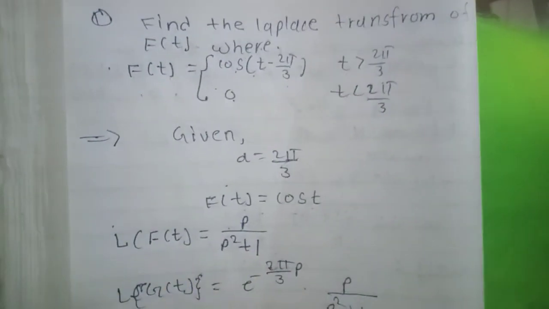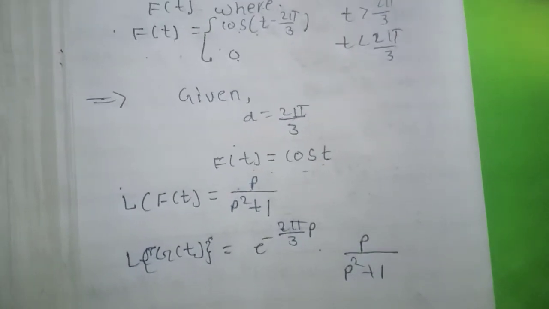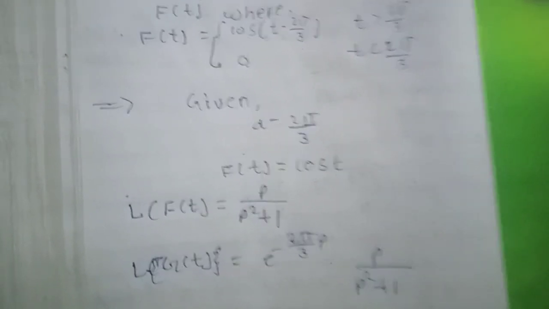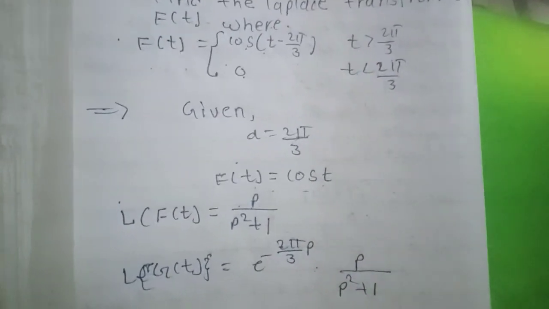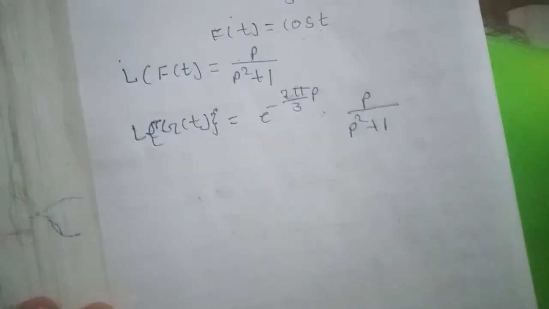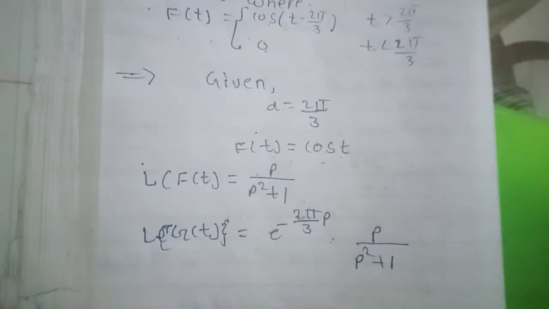The Laplace transform is e raised to minus 2 pi by 3 s into p divided by p square plus 1. Then another example we can write in the next lecture.